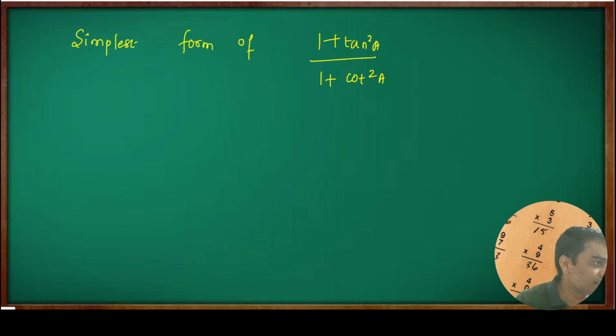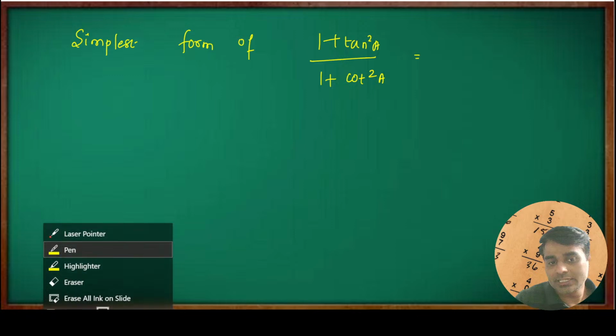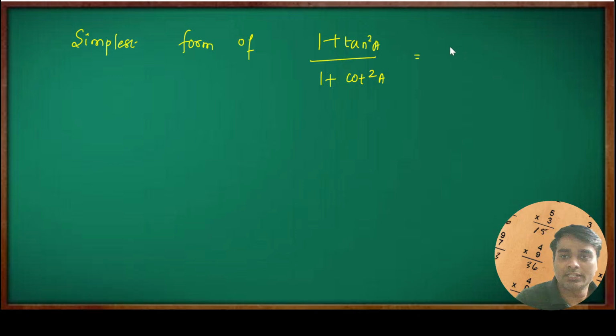Let's see who will answer first. Come on, let's see. Simplify this. If you know the identities, then you will immediately do. You need to just write what is 1 plus tan square A and what is 1 plus cot square A. Then further you need to just simplify.